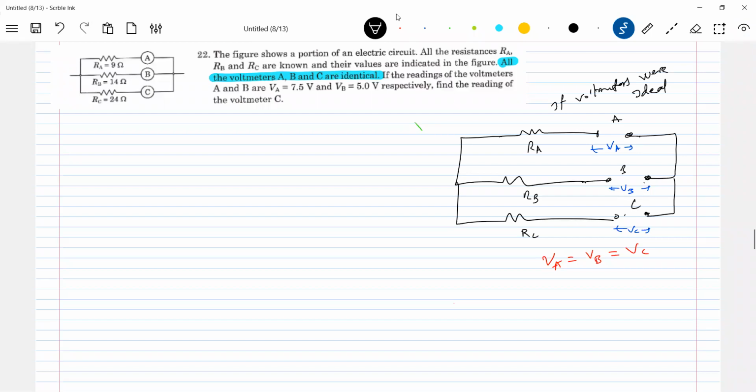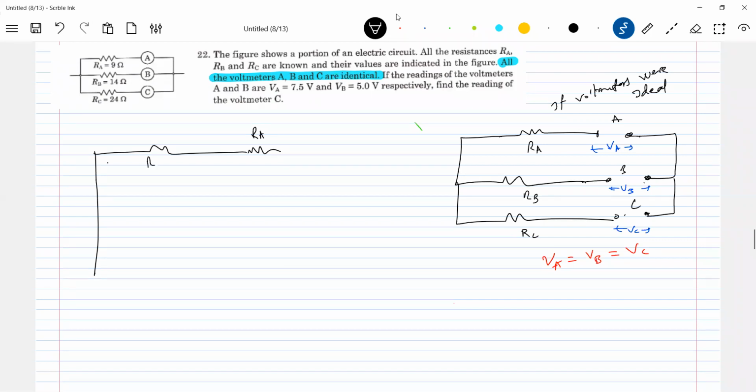Looking at VA, VB, you are supposed to make a guess. This will have some resistance. So I'll write RVA, not ammeter resistance.